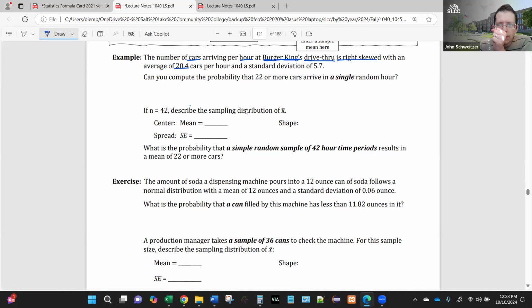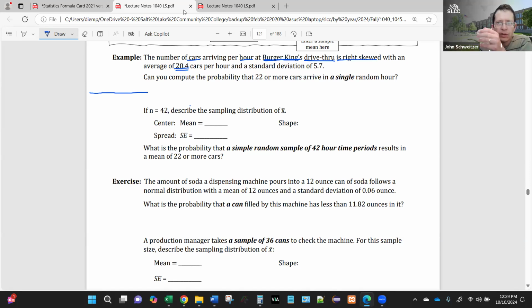Well, let's think about the distribution. You've got a number of cars arriving per hour. Obviously, it's not the same every hour, right? There's going to be some sampling randomness going on. Some hours you'll have more cars, some hours you'll have fewer cars. You will have an average number, about 20.4 cars per hour.